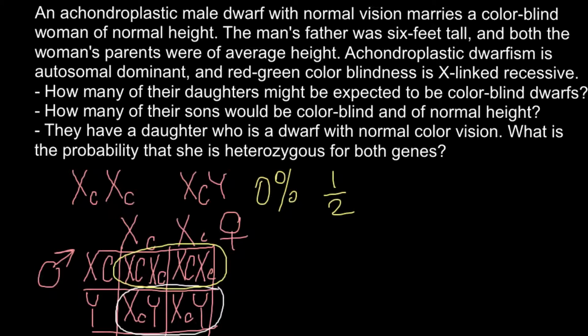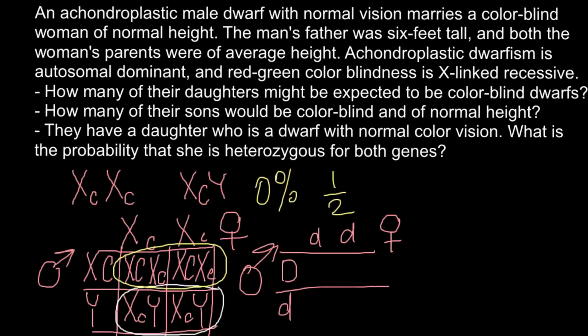So for example, if we once again draw a Punnett square, this would be the mother's side and this is the father's side, and on the mother's side we would have two normal alleles, small d, and the father would have one allele that is dominant, another that is recessive.